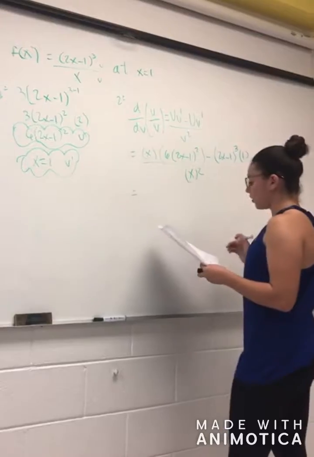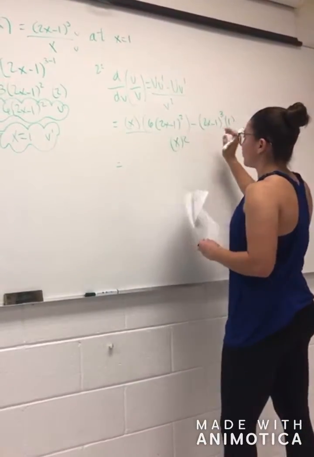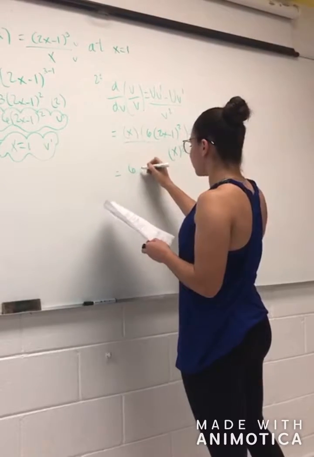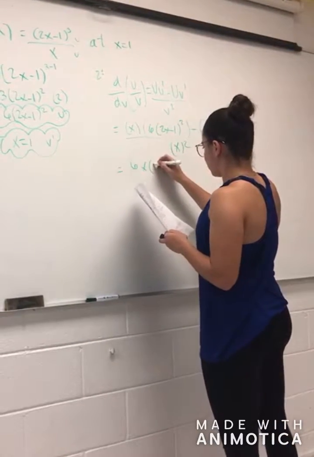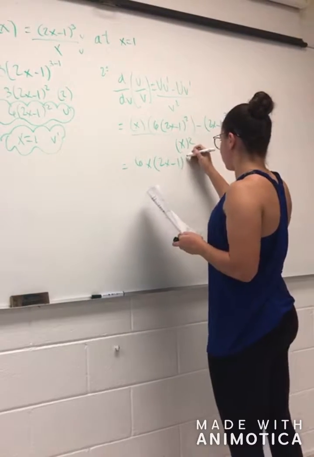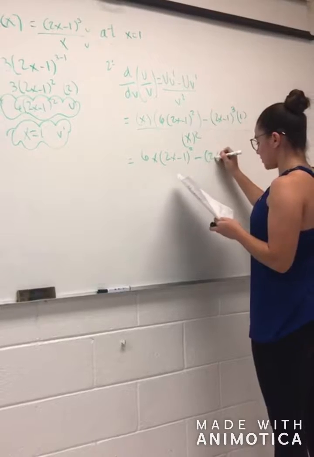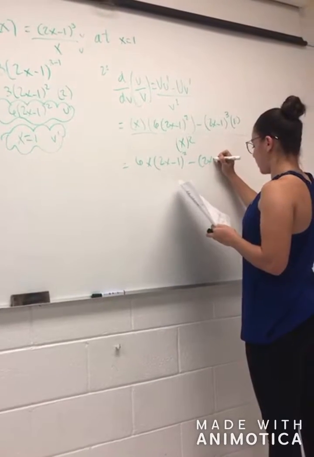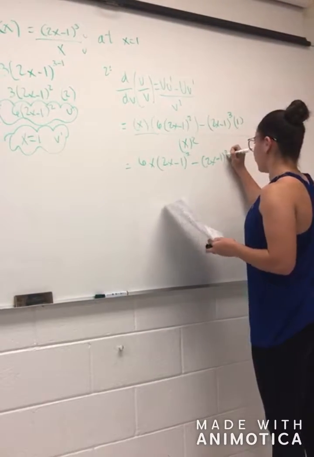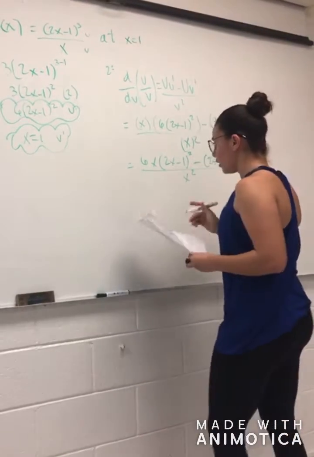The next step, we need to multiply each parenthesis, so it is 6x parentheses 2x minus 1 to the power of 2 minus 2x minus 1 to the power of 3 over x to the power of 2.